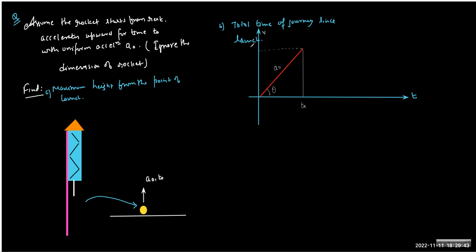So it will have some velocity V naught here. And with this V naught, we can calculate V naught in terms of A naught and T naught. And then it will perform the motion under gravity. So it will basically have a retardation. Why? Because you are trying to go up and gravity is pulling you down. Okay. So the next graph will be like this.